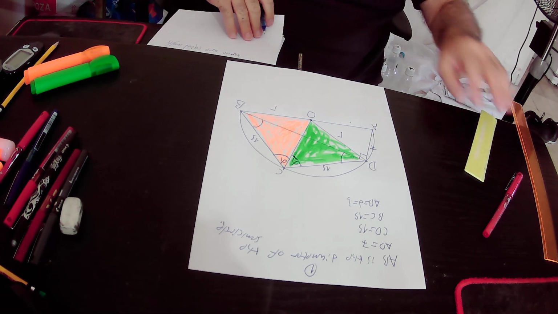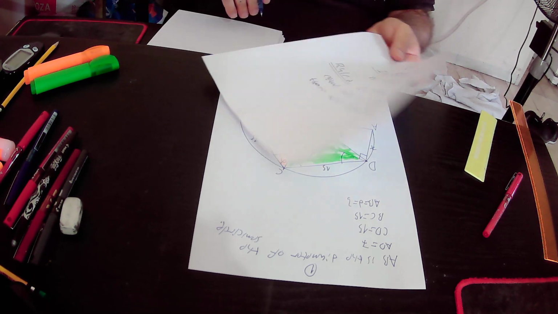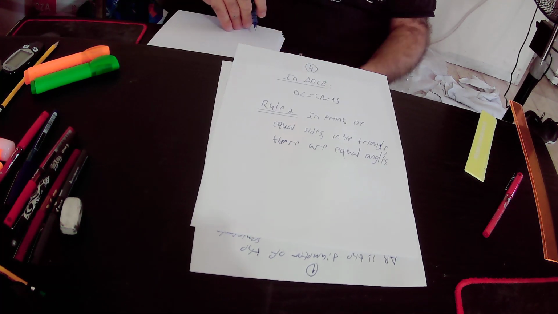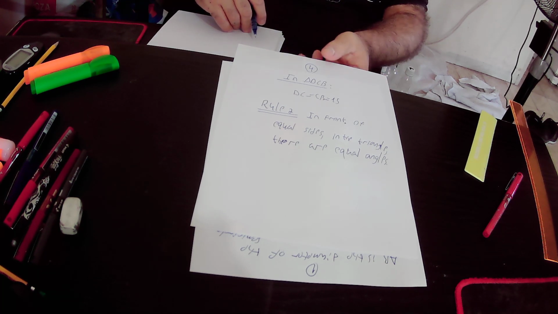I will read rule number 2 again. Rule number 2 states that in front of equal sides in the triangle, there are equal angles.